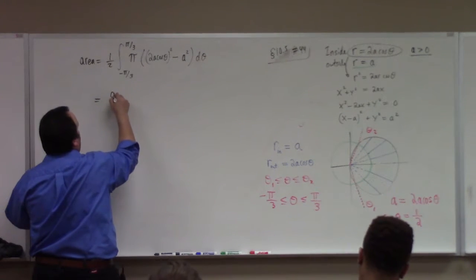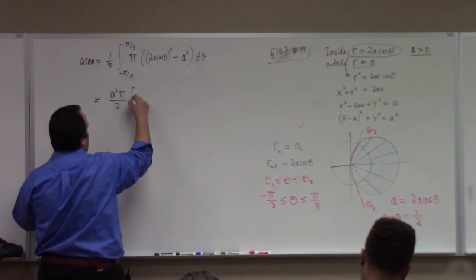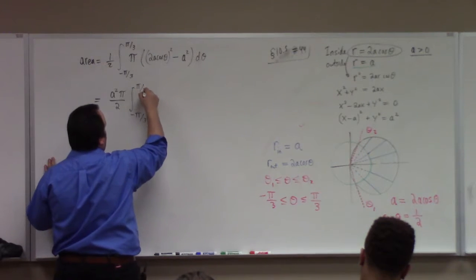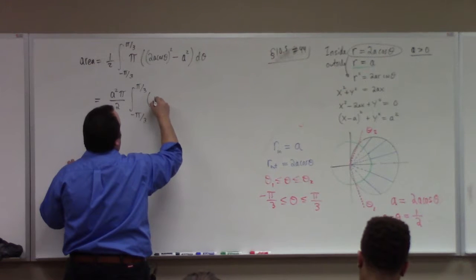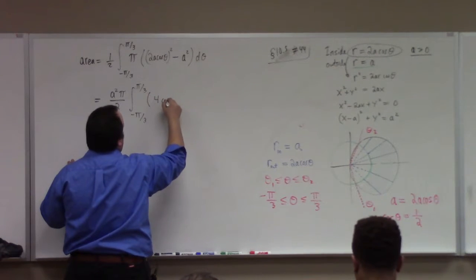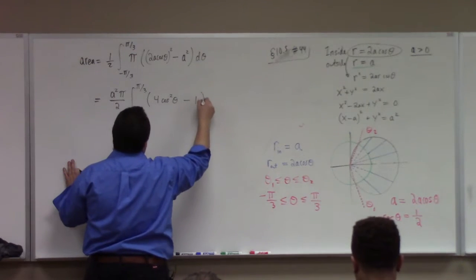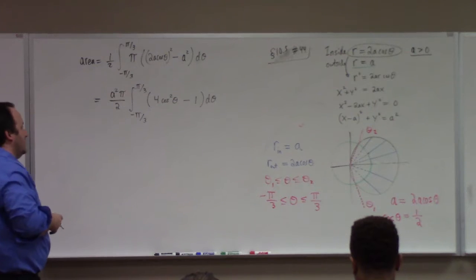Let's see here, that would be a squared pi over 2 integral from minus pi over 3 to pi over 3 of 4 cosine squared theta minus 1 d theta. Just to clean it up a bit.